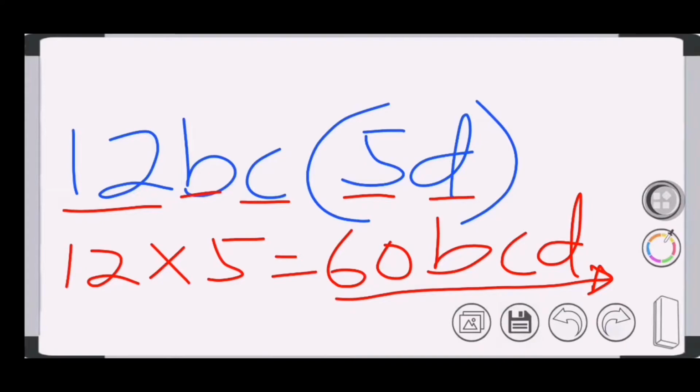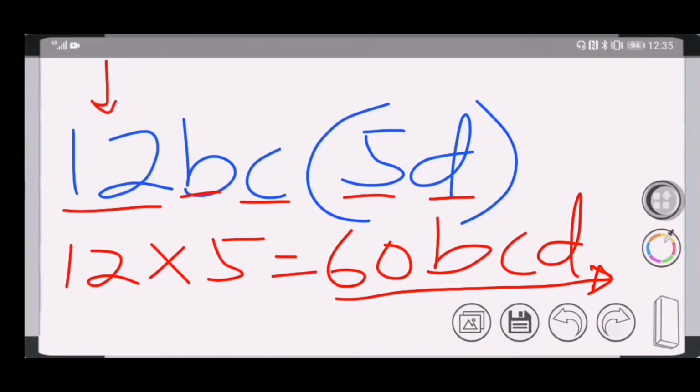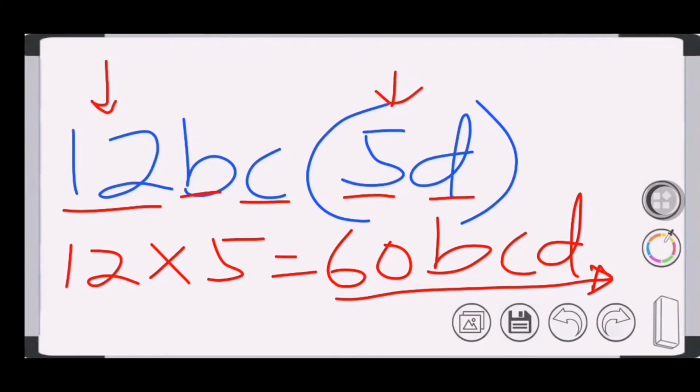All you have to do is to take your coefficients, multiply them, get your number answer, then take your variables, the letters, multiply them, also get your answer. Put them together, that's your answer, 60bcd.